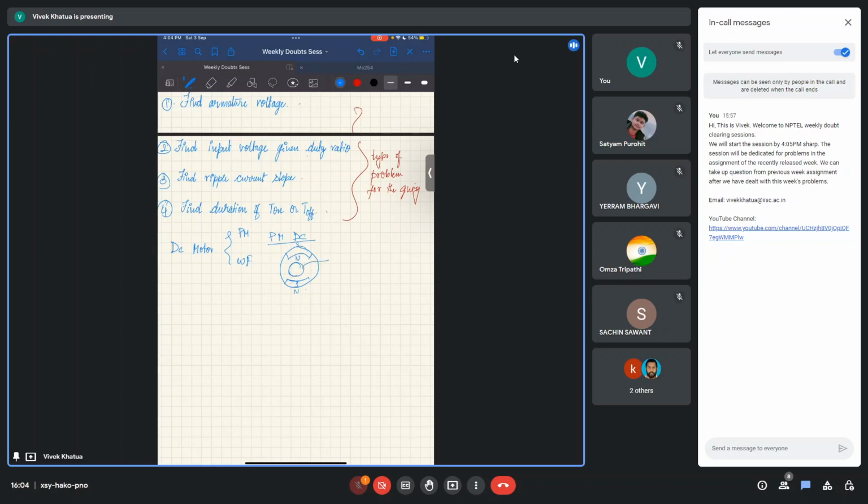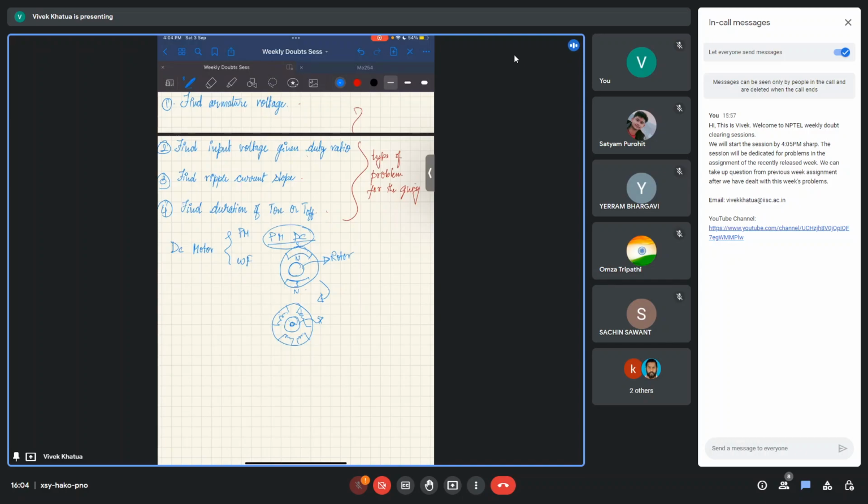Here is your rotor. This arrangement can be reversed. You may have a motor with a magnet as the rotor, and the stator can be coils. Both of them constitute a permanent magnet DC motor.